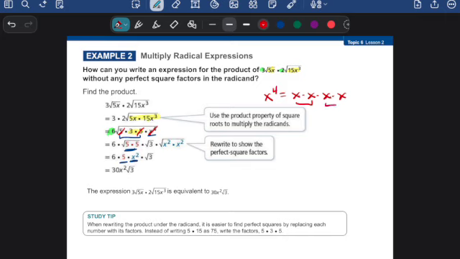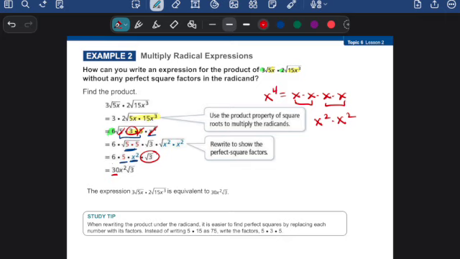I can group them into two squares, x squared times x squared. And when I take the square root, then I'm just left with x squared. And so then what's left is the square root of 3. So then we're going to multiply everything. 6 times 5 is 30 times x squared times the square root of 3.